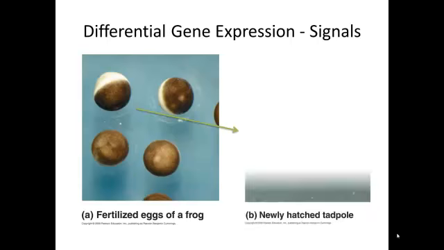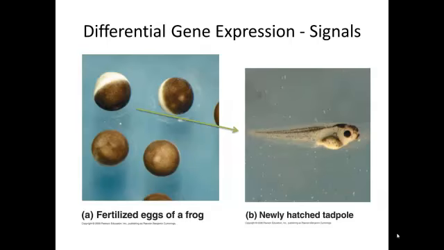So, you start out with the cell and it's fertilized. How does the cell know what ends up being the head versus the tail of this little baby frog, also known as a tadpole? Well, there's a pattern that starts from two sources.